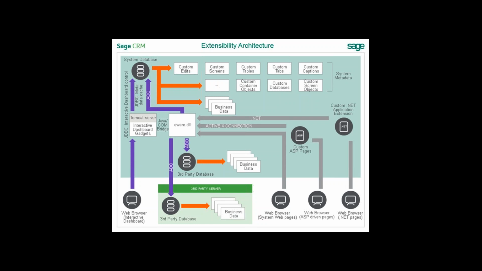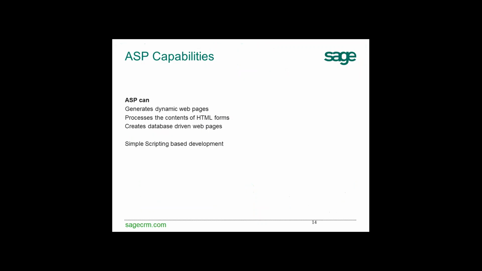So we instantiate our object inside the ASP page, and we can then use it in the context of the generation of the interface. Now ASP pages are perfectly capable of generating dynamic web pages, processing HTML forms, interacting with the database, all through this idea of simple script.